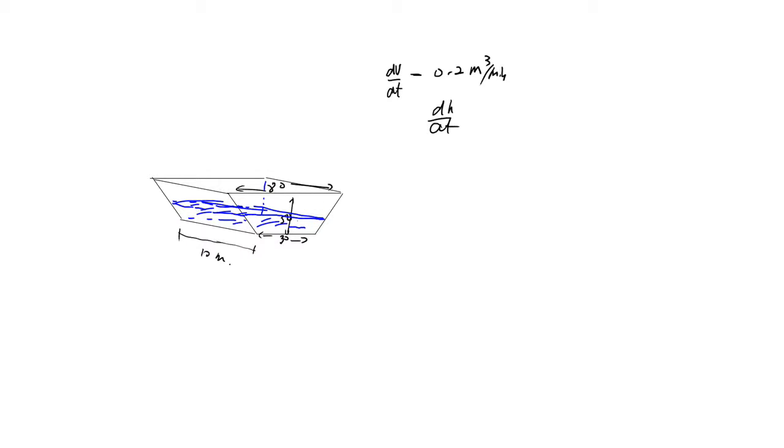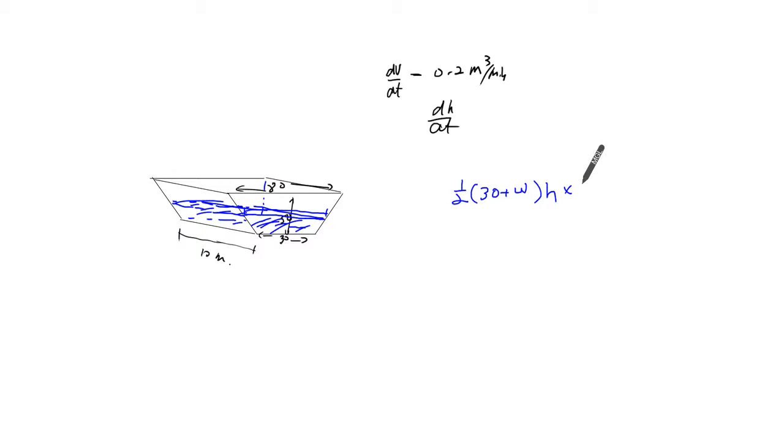The volume of this water, maybe keep it blue, is going to be the area of the trapezoid, which is dependent on the 30. Let's call the width from here to here W. So 30 plus W, times the height, which is also varying, times half, and then times the depth, which is fixed.